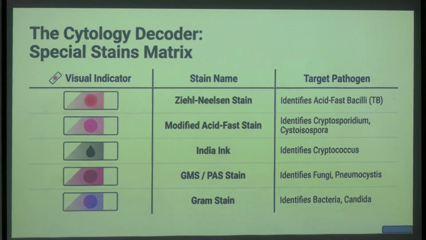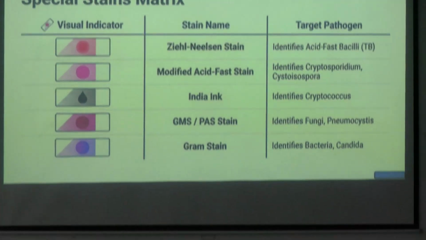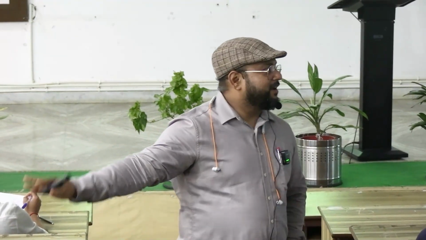Cryptococcal antigen test is one of the sensitive tests; if it is positive we can say so, and if negative we can say it is negative for Cryptococcus. PCR is one of the most sensitive, but last class I told you that India ink versus Cryptococcal antigen test, India ink is very observer dependent.